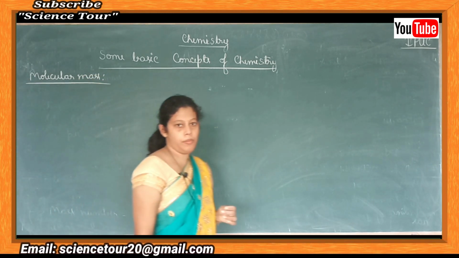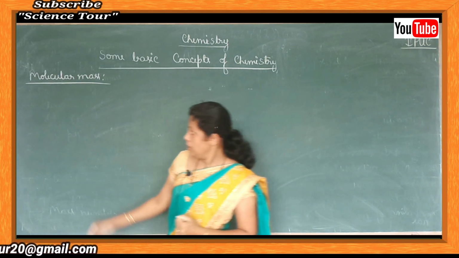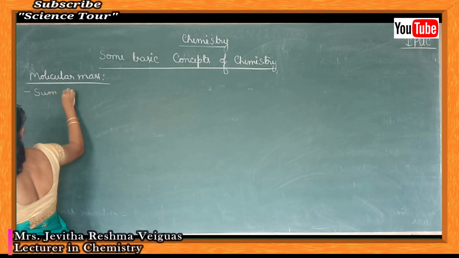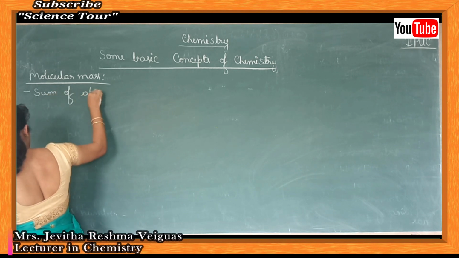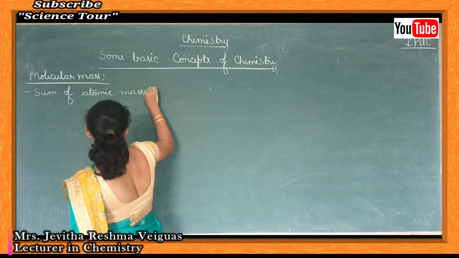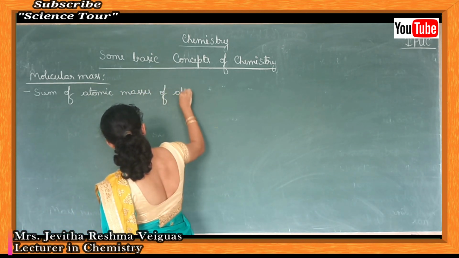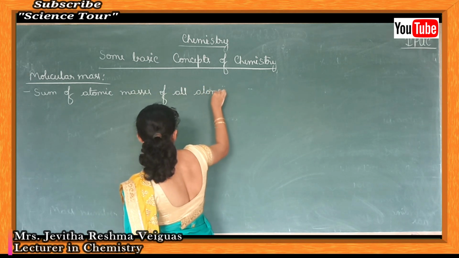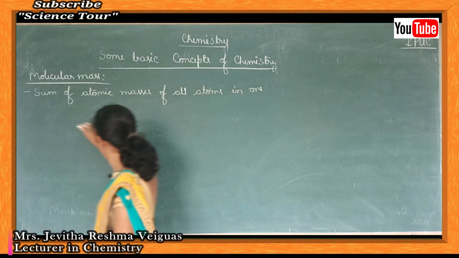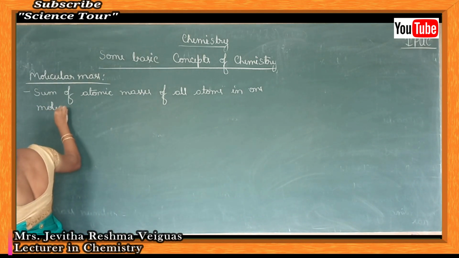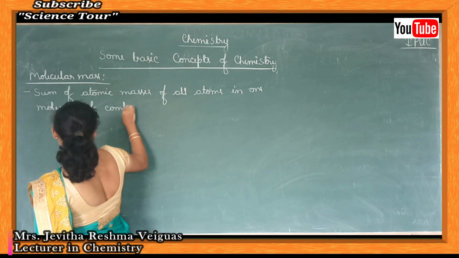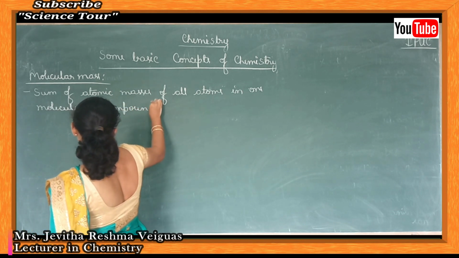What is molecular mass? How is it calculated? It is a sum of atomic masses of all atoms in one molecule of any compound or of any substance.